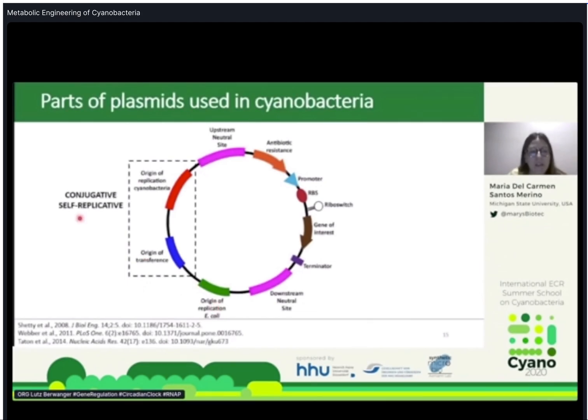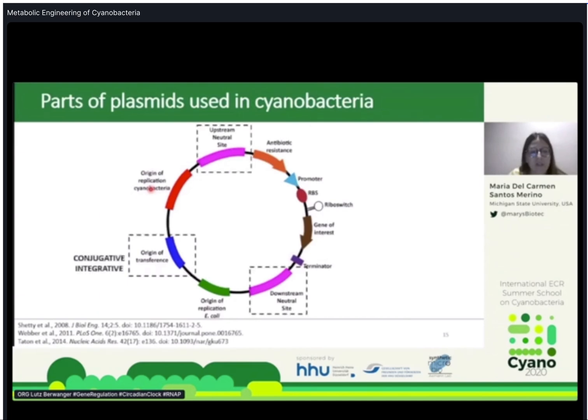The first kind are conjugative and self-replicative plasmids. They need an origin of transfer, because normally these plasmids are transferred from E. coli to cyanobacteria, and they need an origin of replication of cyanobacteria, normally based on endogenous plasmids that the cyanobacteria contains, or we can use a broad host range origin of replication plasmid, RSF1010.